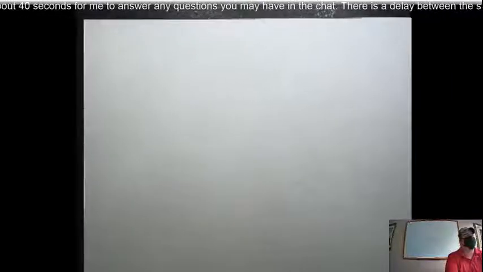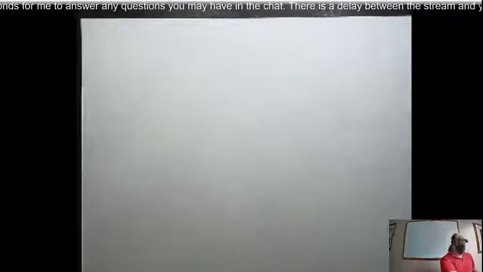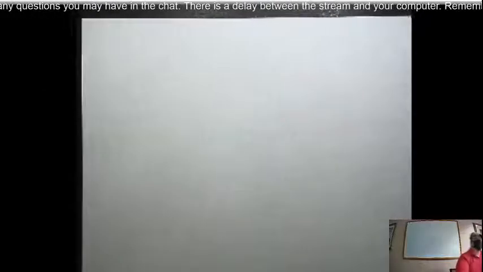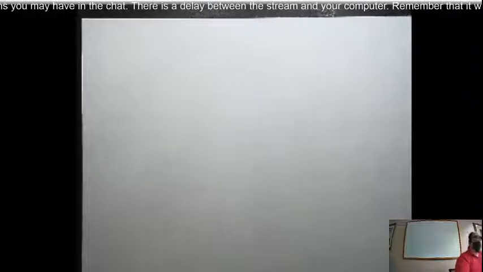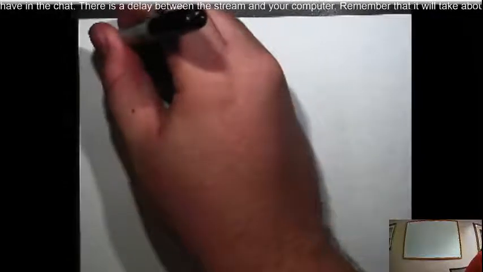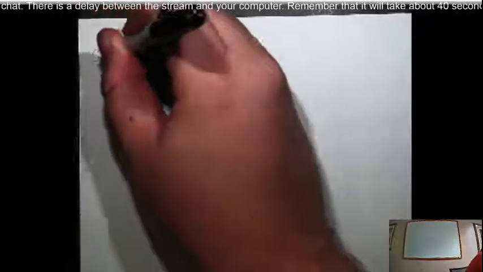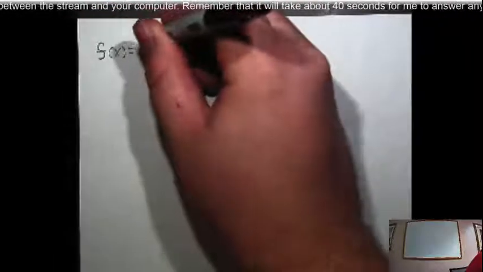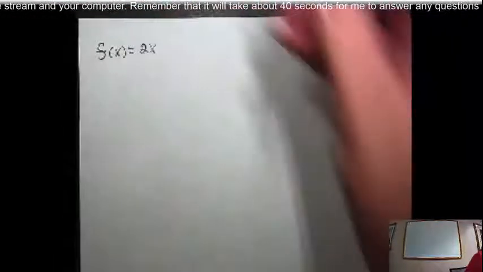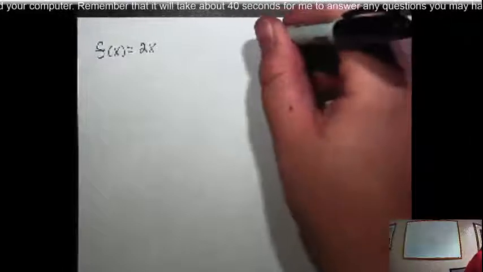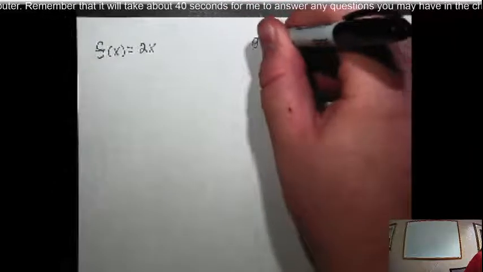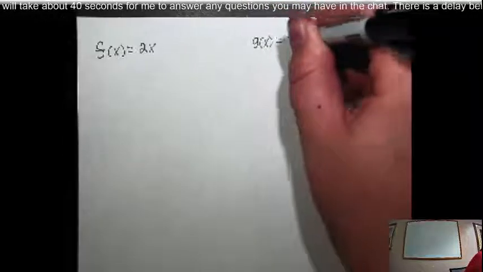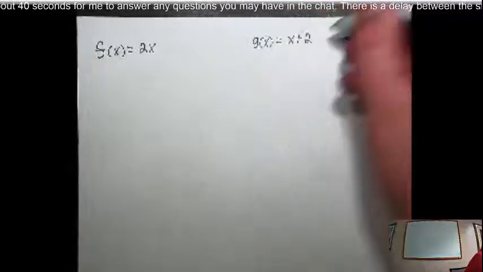We've been talking about functions. And something that I had mentioned is that we can compose functions together. Something like if we have f of x equals 2x, and g of x equals x plus 2.